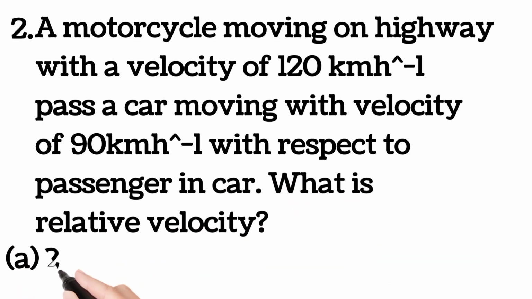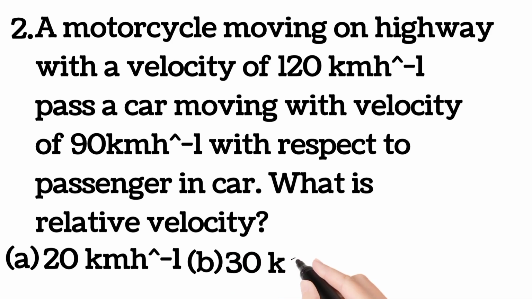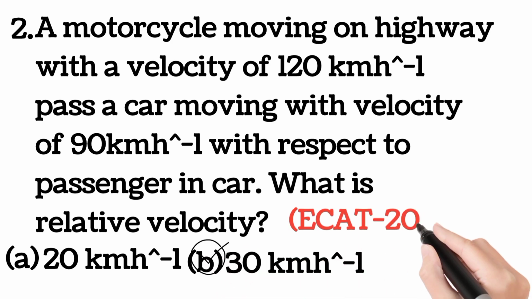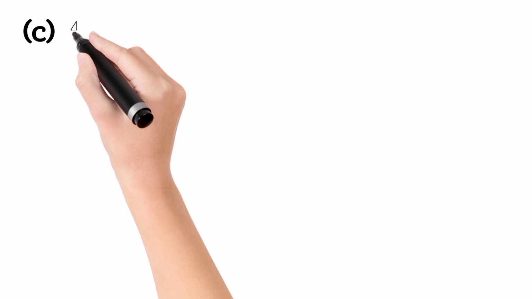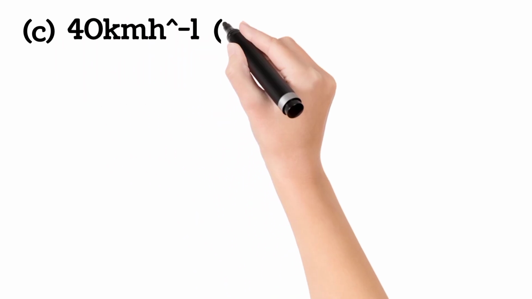Option A is 20 kilometers per hour. Option B is 30 kilometers per hour, and the correct option is B. This MCQ was asked in ECAT 2010 competitive exam. The C option is 40 kilometers per hour. The D option is 50 kilometers per hour.